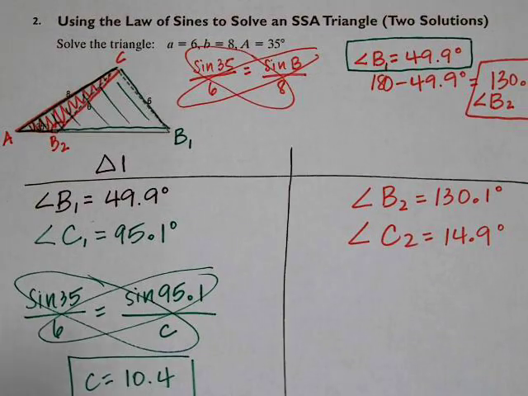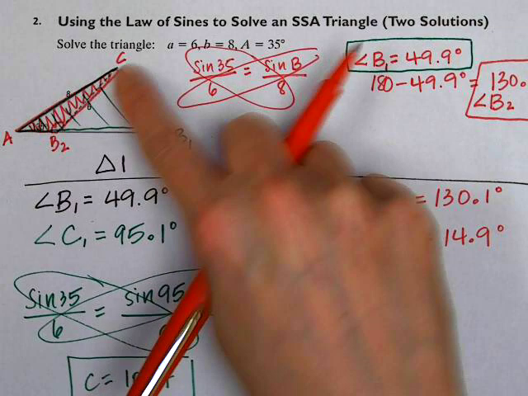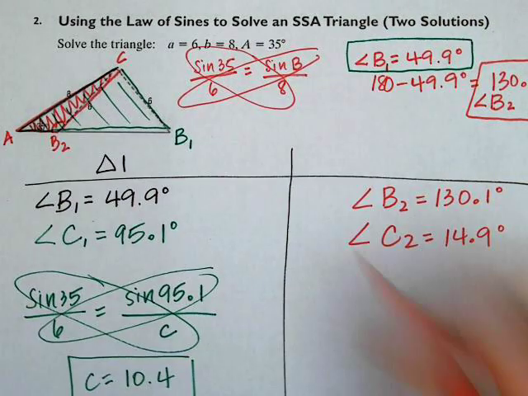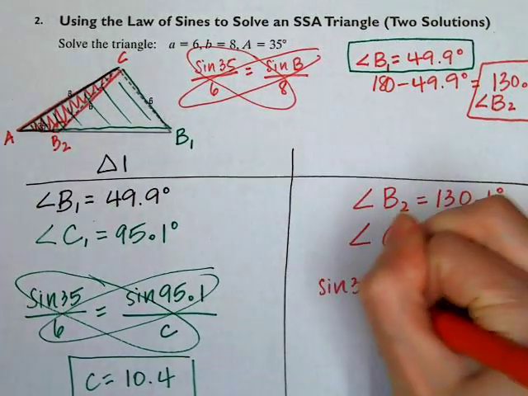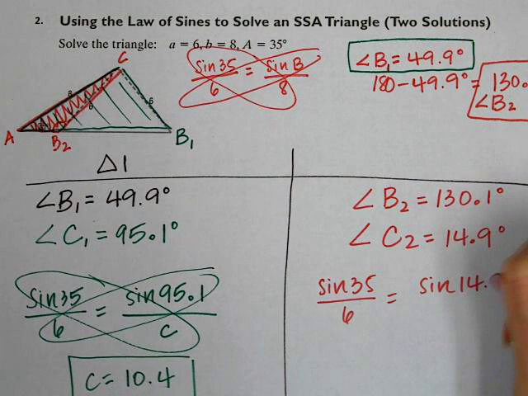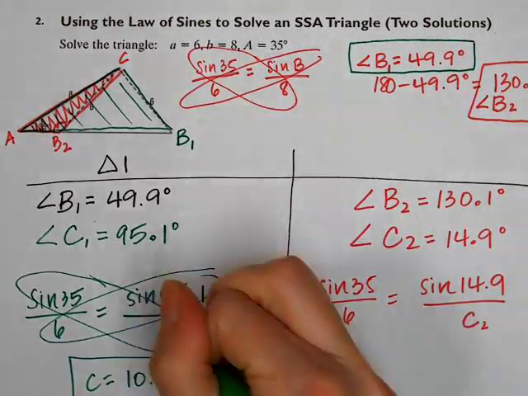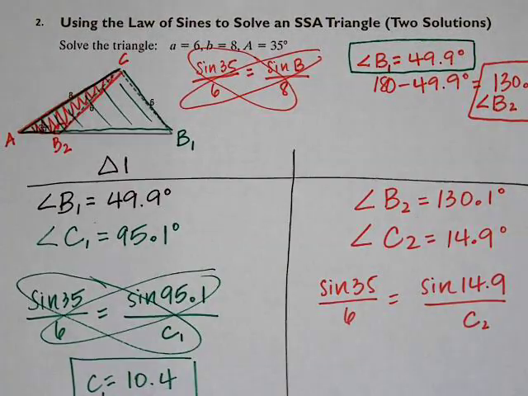And then same thing, we have to use law of sines to find the new side C. So again, I'm going to use the A's, but then I'm also going to use the C's. So sine of 35 over 6 equals sine of 14.9 over C. And I guess we could call that C2 and C1.